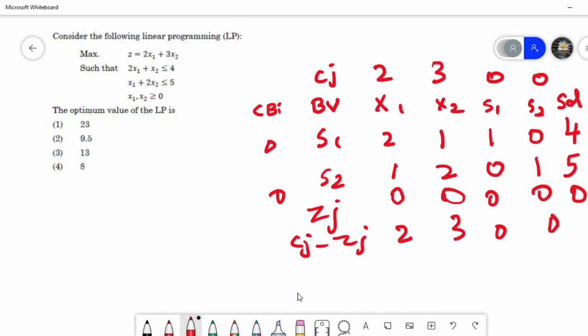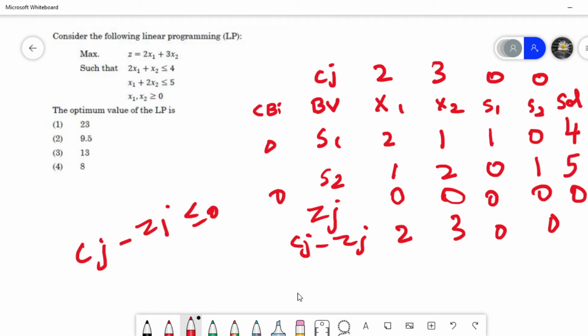For optimality checking, what is the condition here? It is a maximum problem, so maximum problem means Cj minus Zj less than or equal to 0. Here 1 is not less than 0, and 3 also is not. So we didn't reach the optimal solution here.